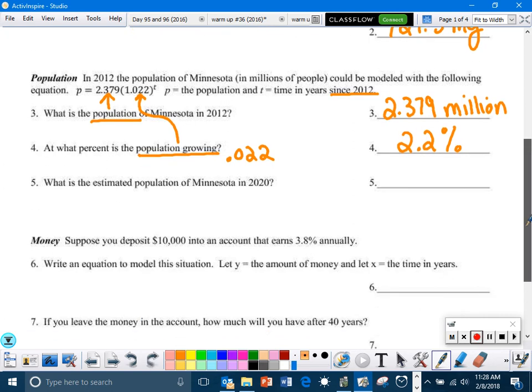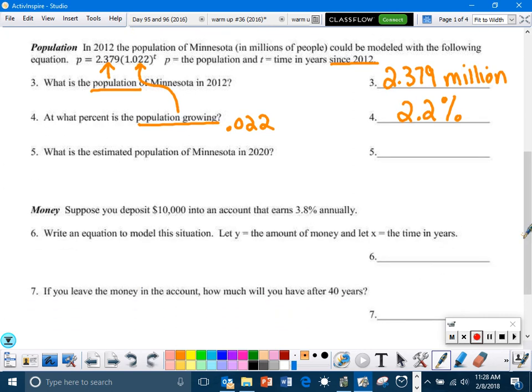Next question. What is the estimated population of Minnesota in 2020? First of all, the population for the equation is from 2012, and we want to know what it is in 2020.